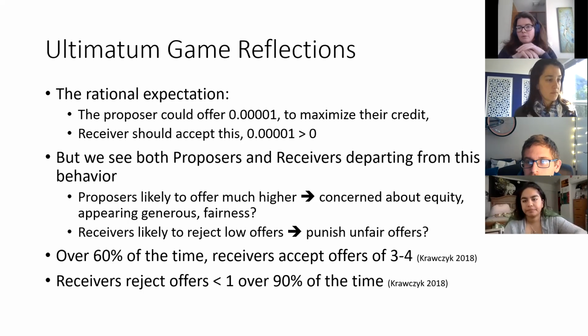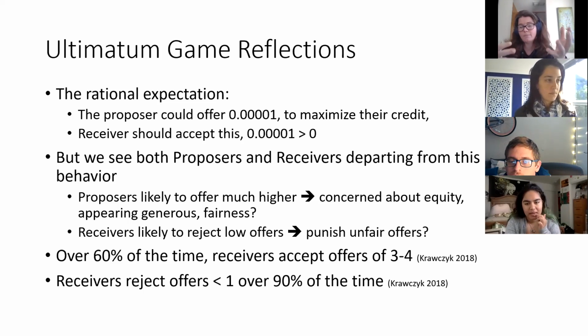The proposer could offer some infinitesimally small amount of credit to maximize what they keep, and the receiver should accept anything over 0, because even an infinitesimally small value is greater than 0.